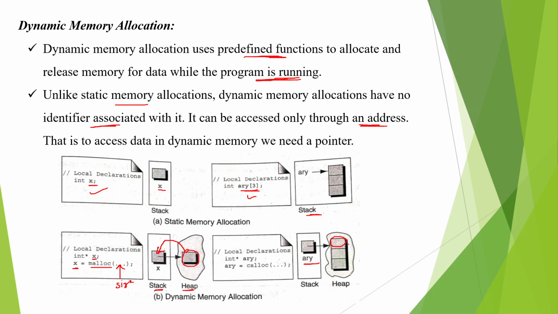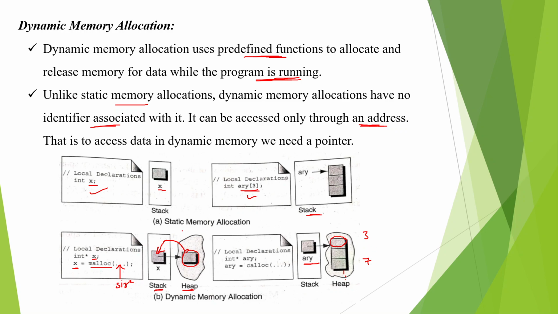Say suppose 3 means individual block size 3, and then the number of such blocks you need, that also you need to specify. Say if I say 7, I will get 7 such blocks, each of 3 bytes size. Okay, hopefully you understood.